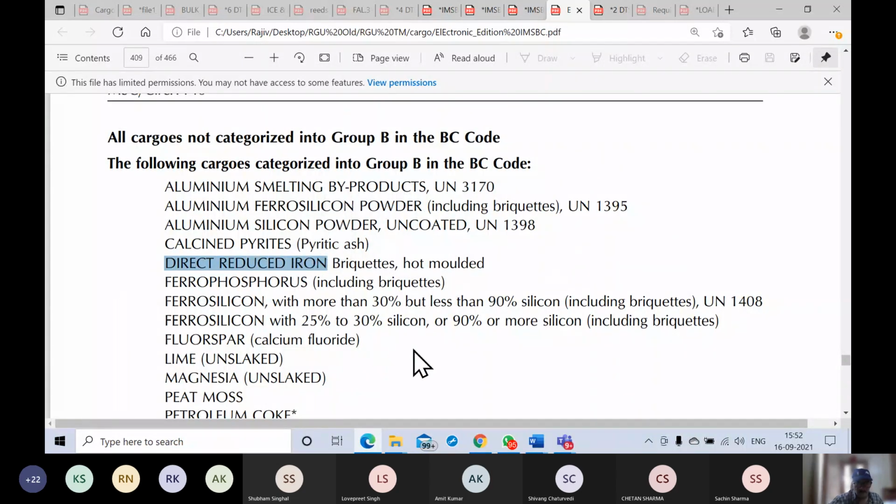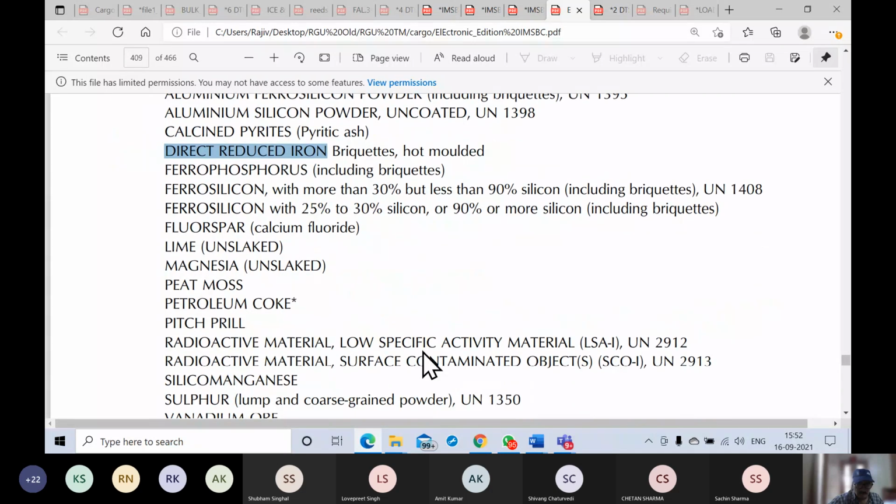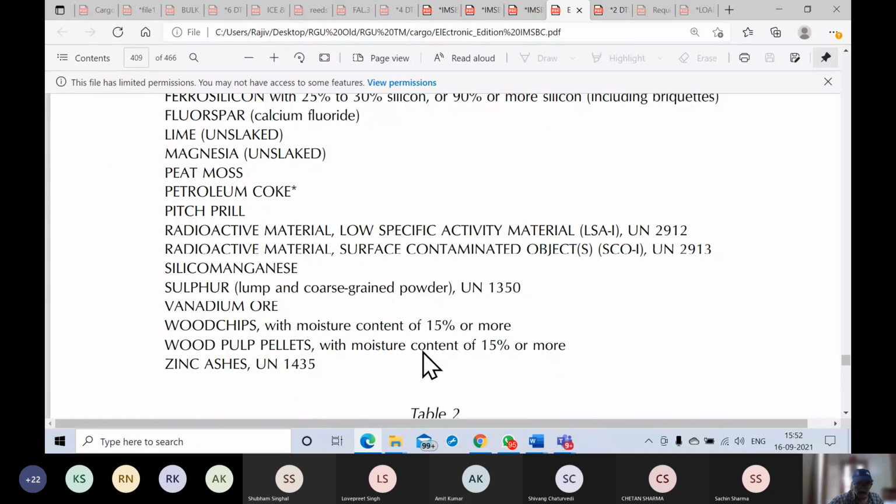TRI exempted. Wood chips with moisture content 115% or more, exempted.